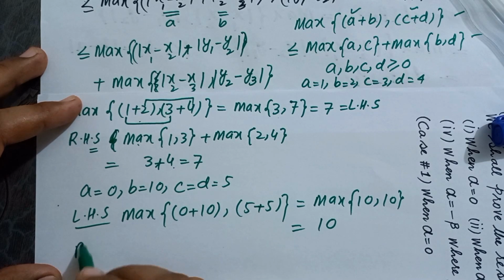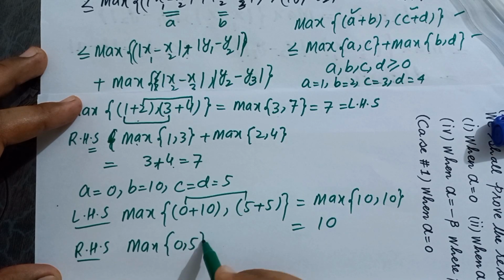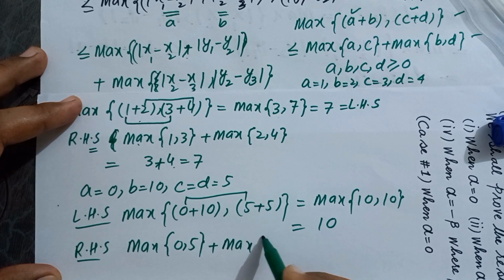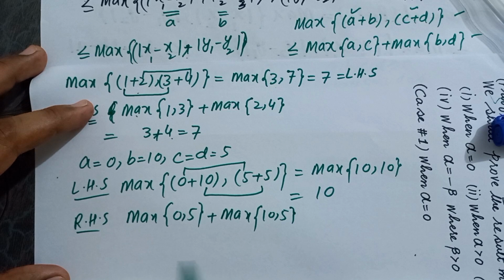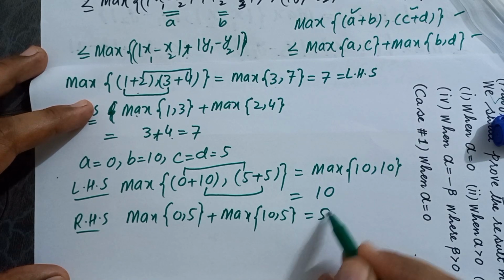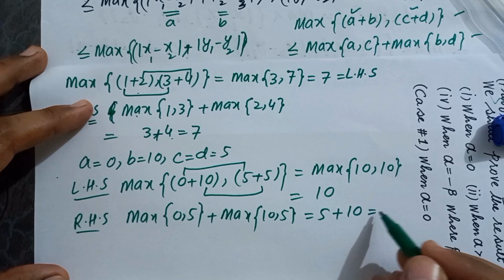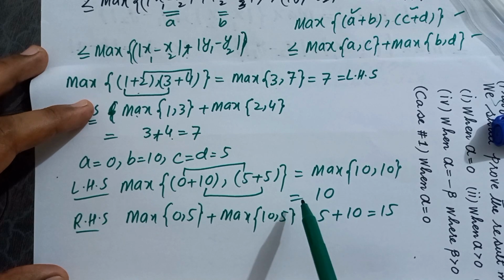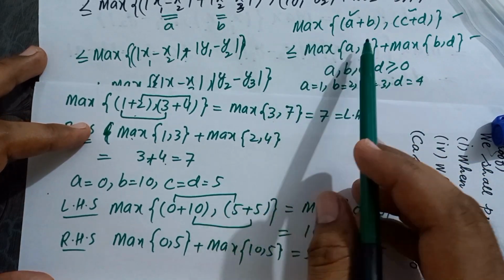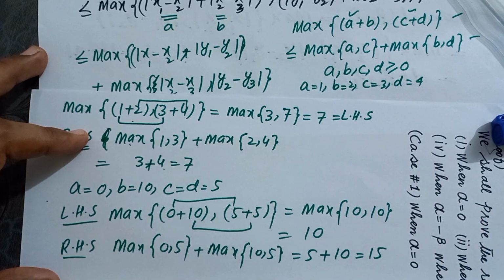On the right hand side, it is the maximum of 0 and 5 plus the maximum of 10 and 5. The maximum of 0 and 5 is 5 and the maximum of 10 and 5 is 10, so the result is 15. From both cases we can say that the maximum of the two sums is always less than or equal to the sum of their maxima.